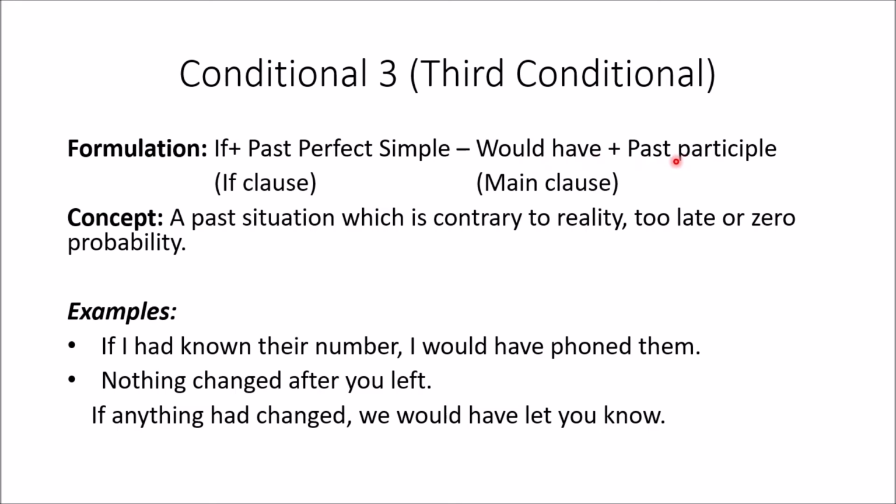And the past participle of the main verb in the main clause here is phoned, because phone is a regular verb. But in the second example, would have is followed by an irregular verb, and the past participle of this irregular verb is let.